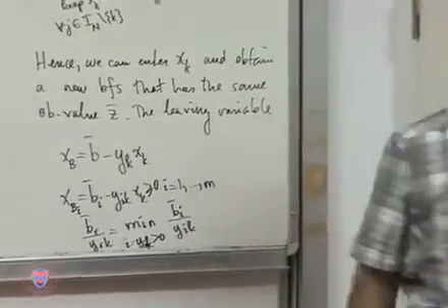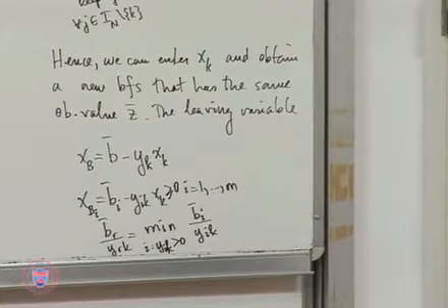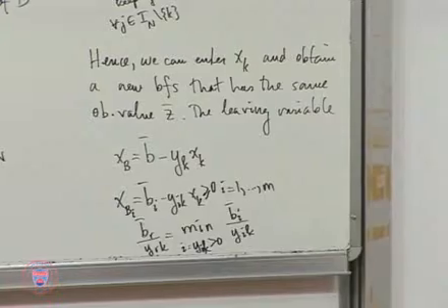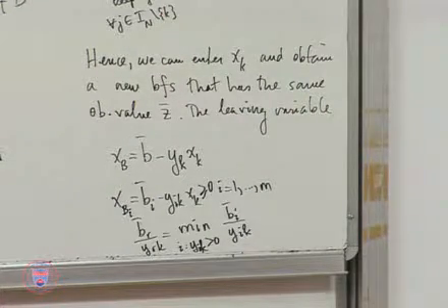Of those indices i for which yik is positive, you have the minimum ratio. So it's the same old stuff. There's nothing new. Let me give you an example for this.